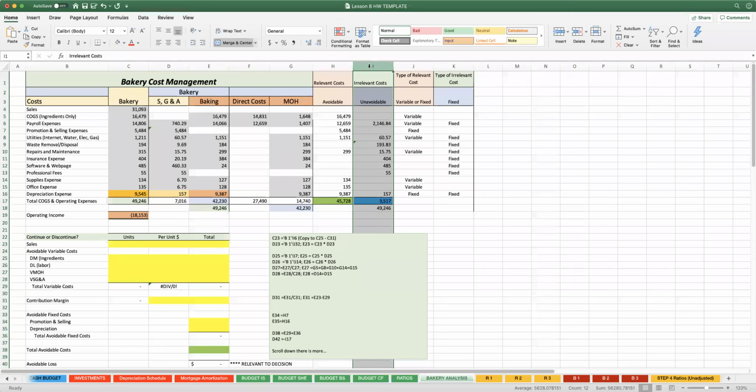So for instance, the owner's salary, or a portion of the trash. The people that pick up our garbage charge us a fixed fee to come and take that dumpster of garbage. They don't weigh it. Every week they come and that's what they charge us. And we spread that cost out over all the segments of the business. So that cost isn't going to change even if the bakery gets closed. Even though we have less trash, that's what they charge for a weekly pickup.